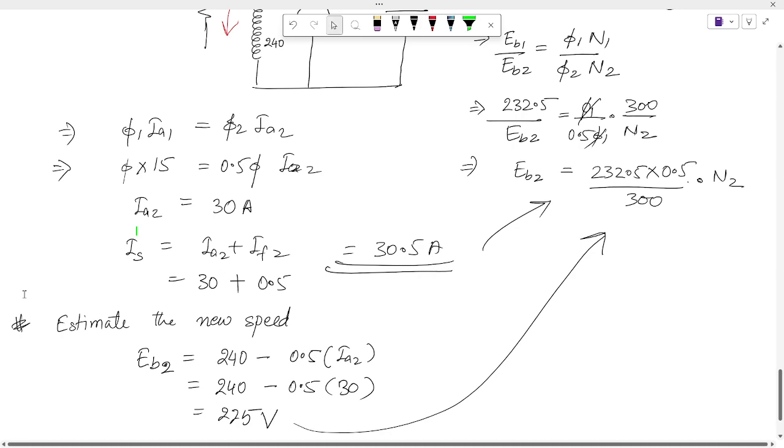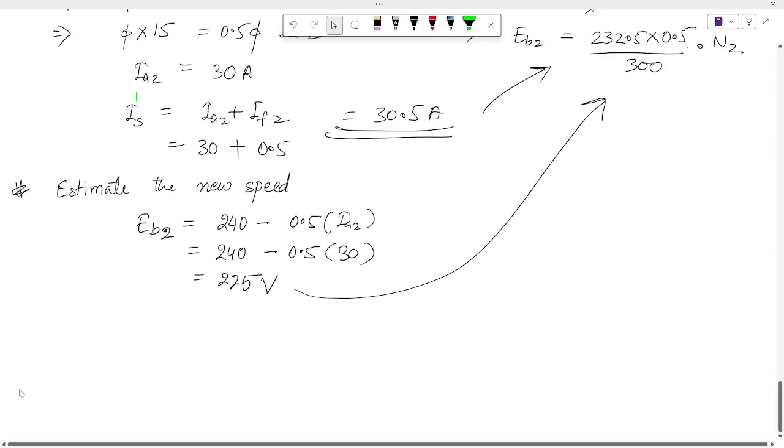Now from here we will substitute this value. The relation is ready with us. EB2 is 232.5 into 0.5 N2 upon 300. So substitute EB2 here.